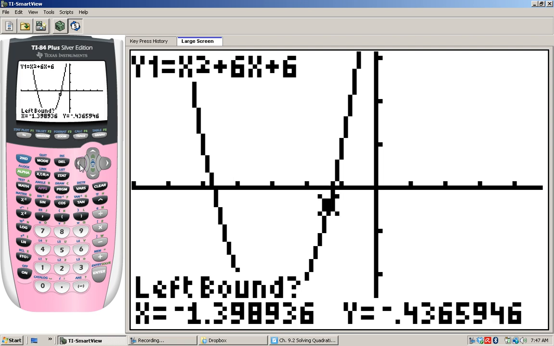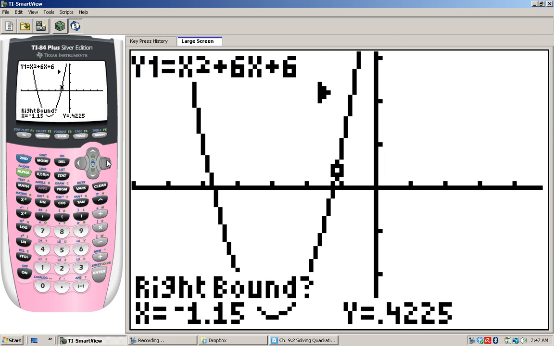You click left until you get to the left of one of your roots. Then you click enter, and that's the left boundary. Then you click over to the right until you get to the right of this actual x-intercept, and you click enter.